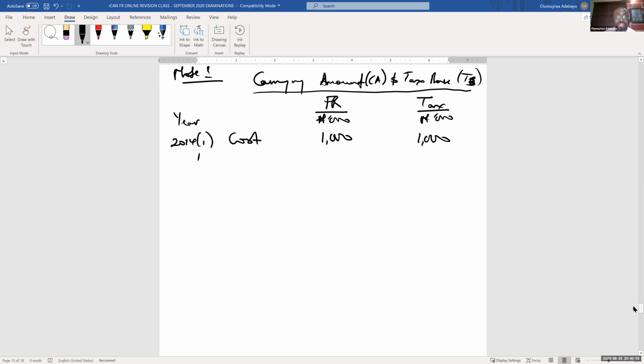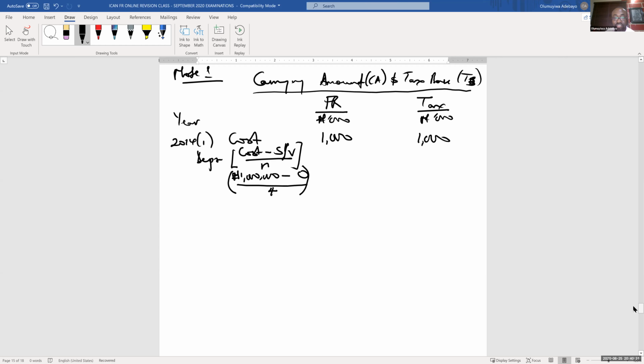Now, depreciation is on a straight line, which is the cost minus the scrap value divided by the useful life. I've said here that in the question, the cost is given to be 1 million, but the scrap value was not given, which means the disposable value is 0, and the useful life is 4 years.